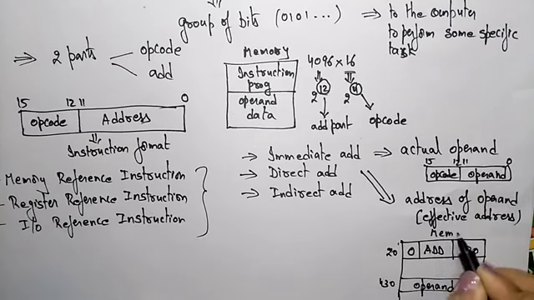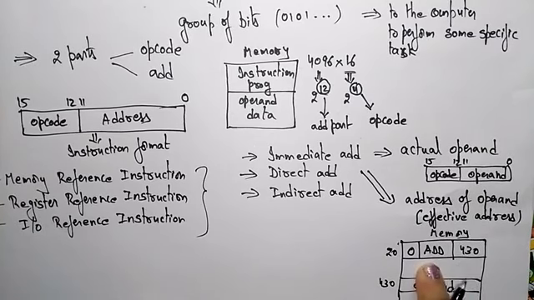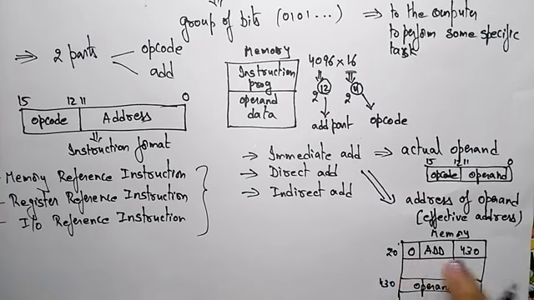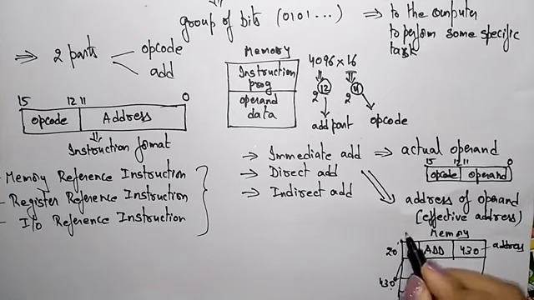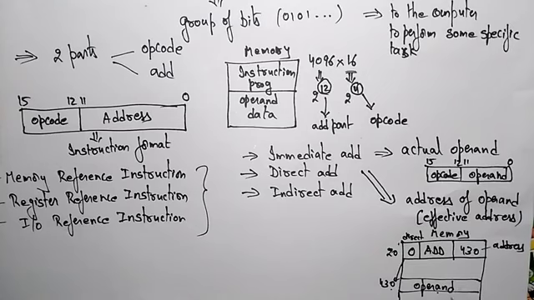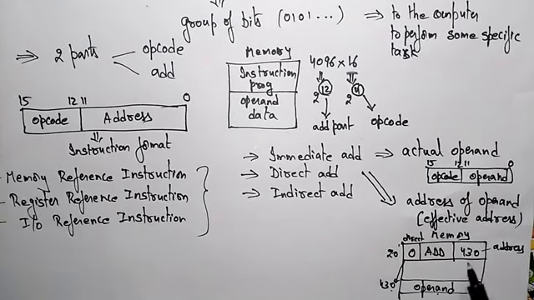So in that memory location the instruction will look like this: 0 add 430. 430 here indicates the address of the operand. In this 430 location you have the operand. Here the 0 indicates it is a direct address. In that particular address location you have the operand. This is the effective address, and you call it direct addressing.